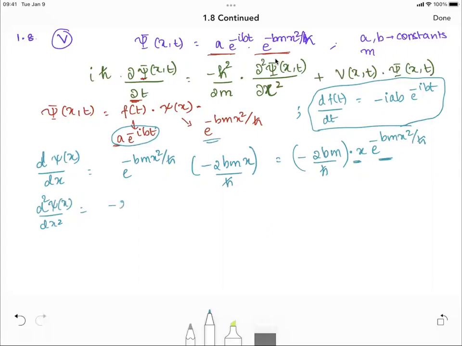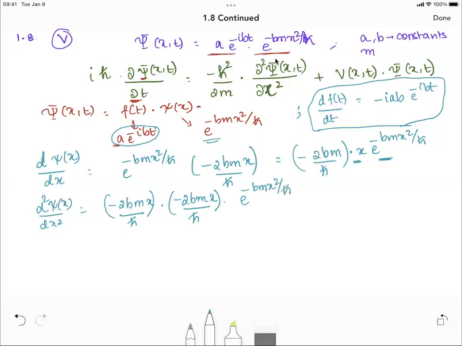We can have this term taken out separately, and we're going to differentiate the exponential term, which is exactly what we did in the first derivative. So the answer would exactly be what we had in the first derivative, that is this.